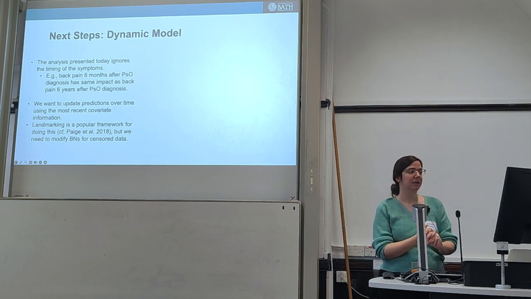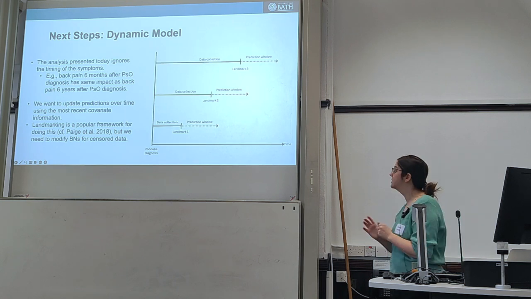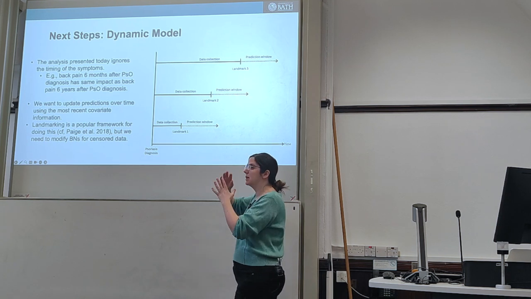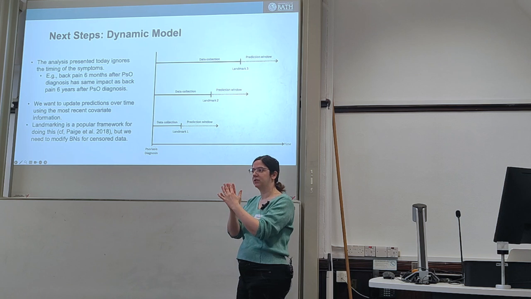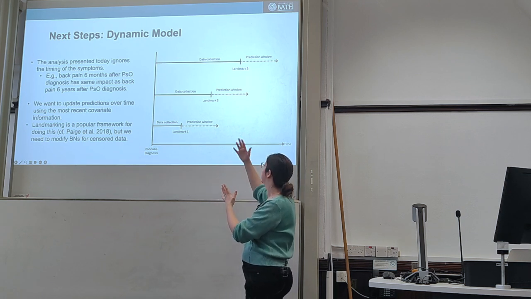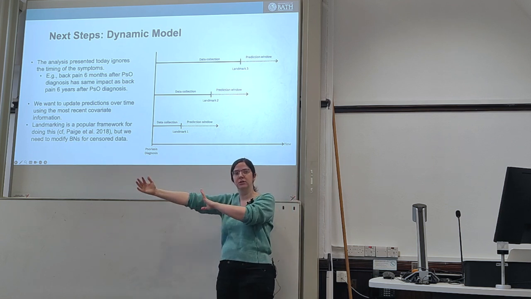We're planning to use something called landmarking, which looks kind of like this. You have your psoriasis diagnosis, you have data collection up to some pre-specified time point, maybe 2 years or something, and you look at predictors in that window. Then you can do your prediction, what's the chance of developing PSA in the next 5 years, and you can do this in rolling windows.